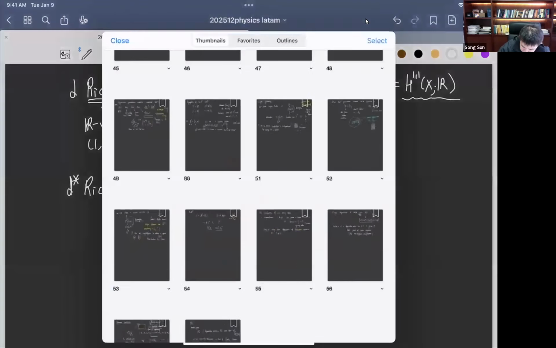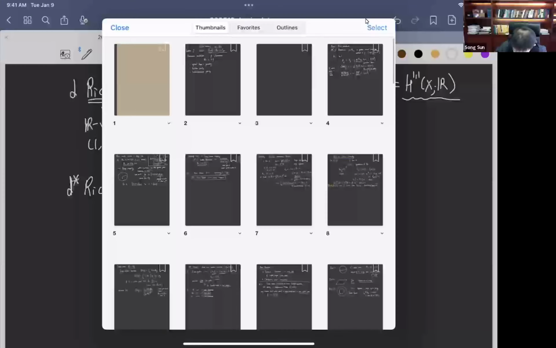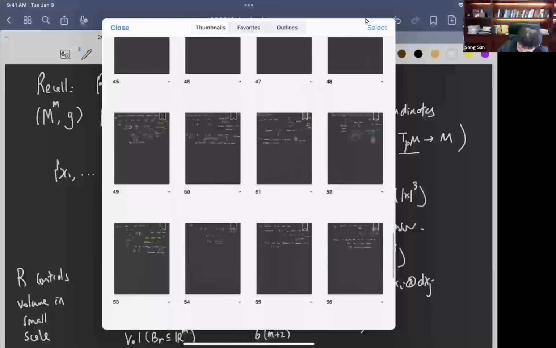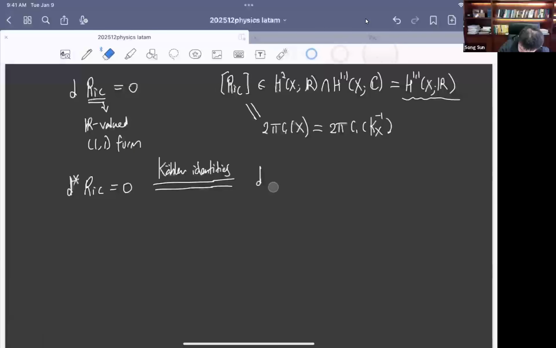Let's go back to see what I use for scalar curvature. Do I use R or S? Not S. Okay, let's change it to R. And that's the same as saying R is constant.